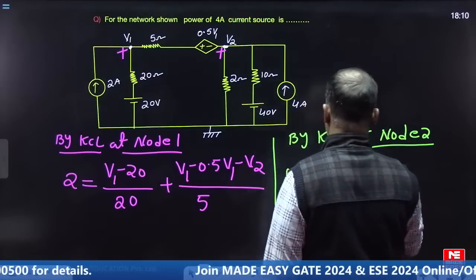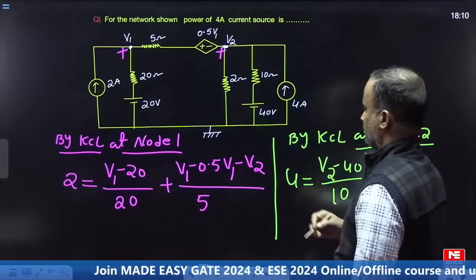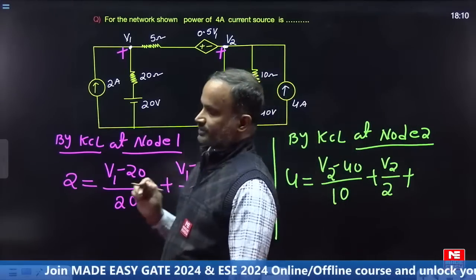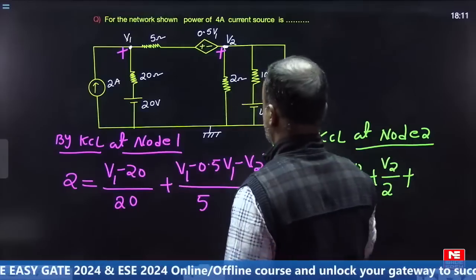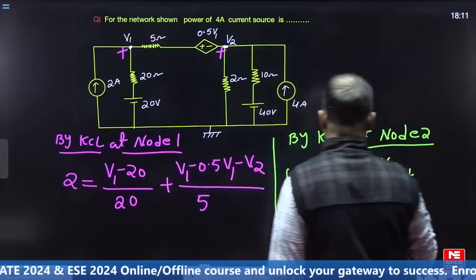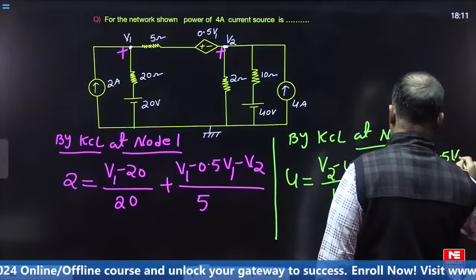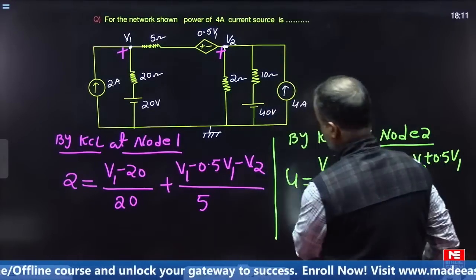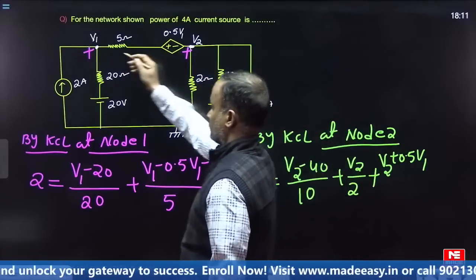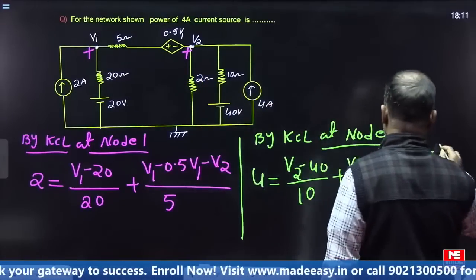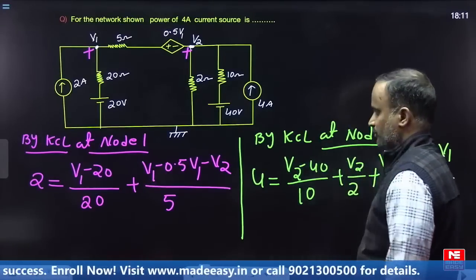Now V2 by 2 is an outgoing current. Now we are writing the equation with respect to V2. Whenever we write the equation with respect to V2, V2 will be greater, so it is plus and minus for the other. Now plus, subtraction, by 5. I gave the two equations.